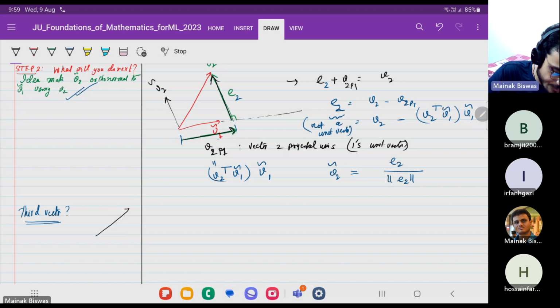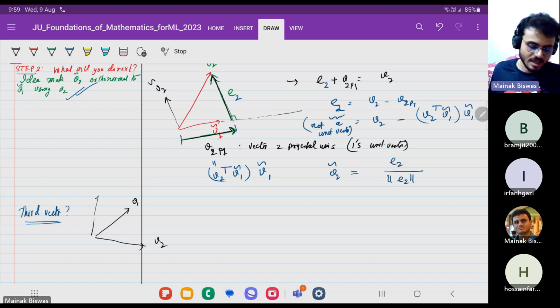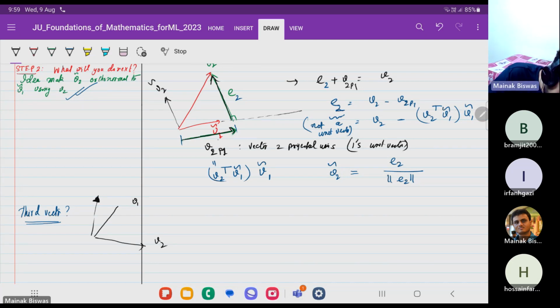At the end of the day, I have two vectors, v1 and v2, and one is out of the plane. I want to get the third component. How will I get it? I already have the two perpendicular components. So this is say out of the plane.